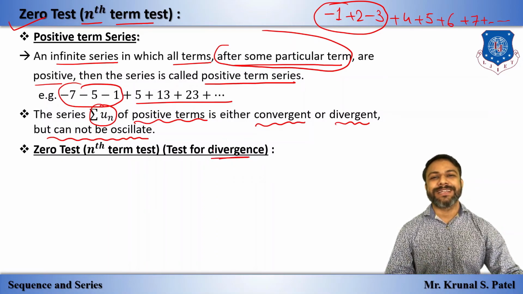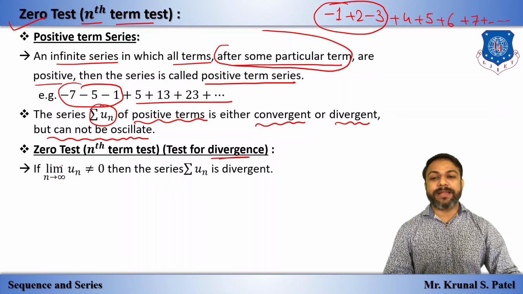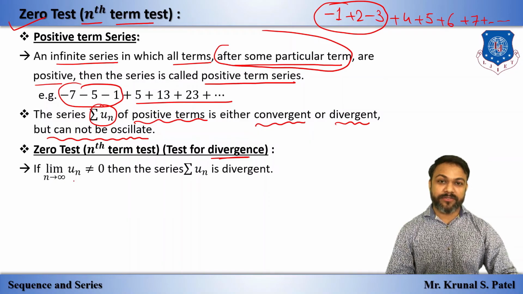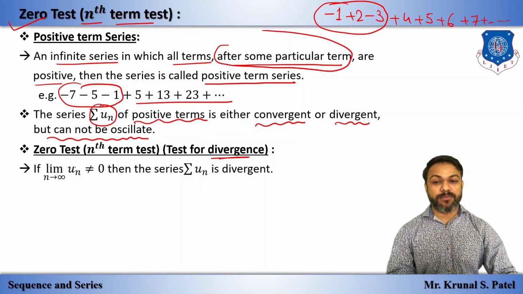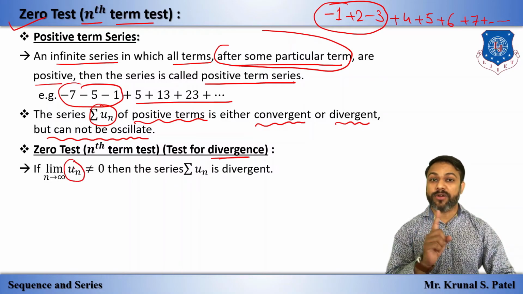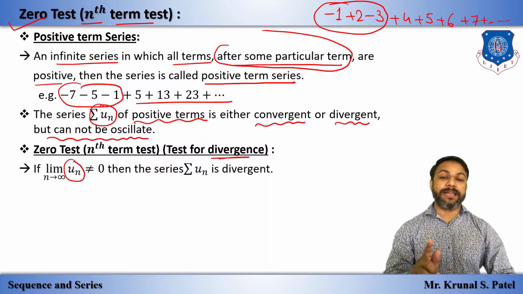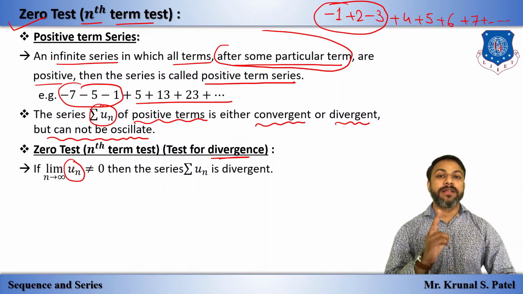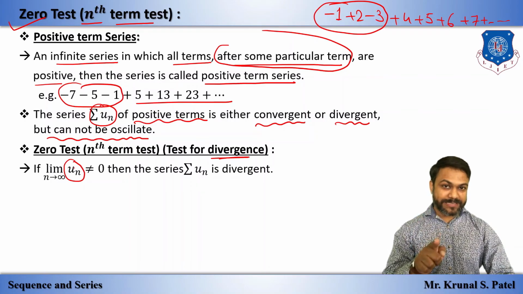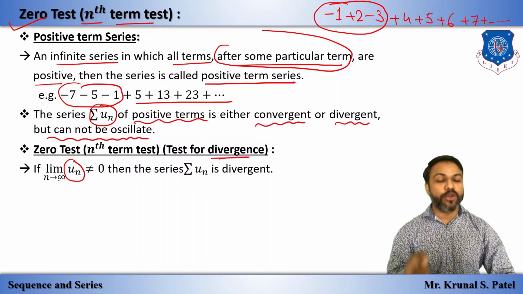Let's have a look at the test. If the limit as n tends to infinity of un, and this limit is applied on the nth term of the series, not on Sn. Sn was a different topic. Earlier we saw the geometric series that depends on r, and this test depends on the limit of un.